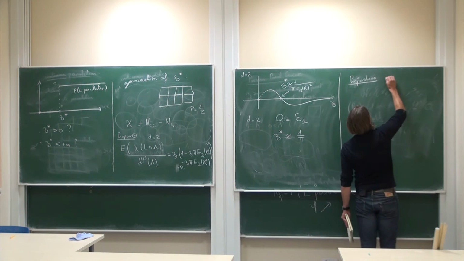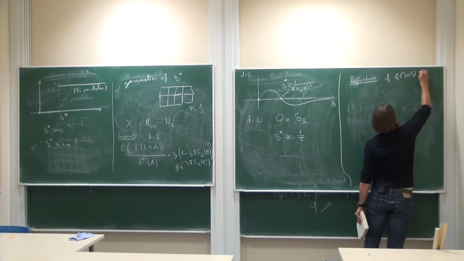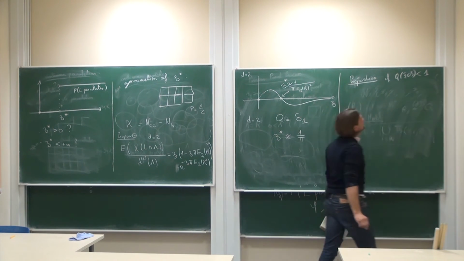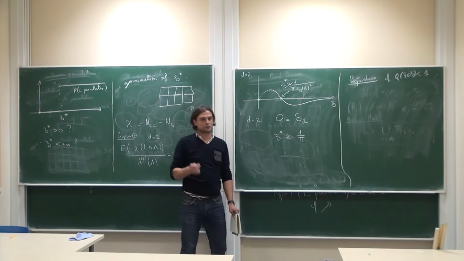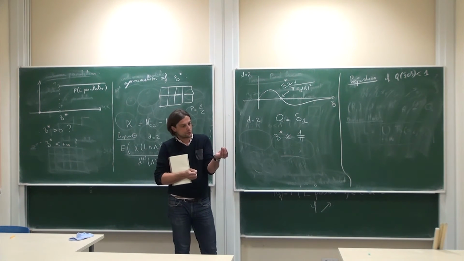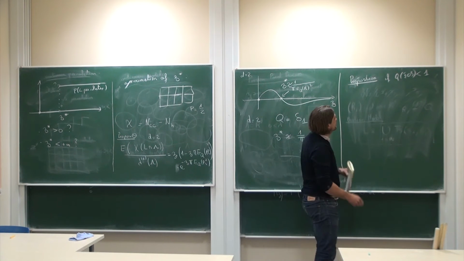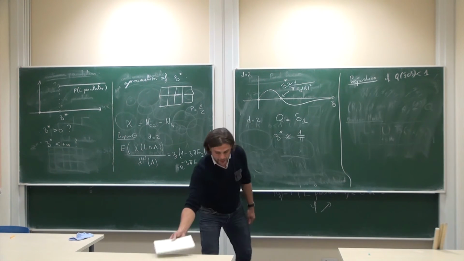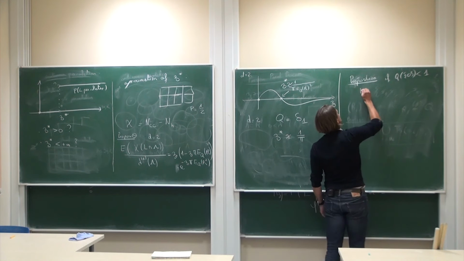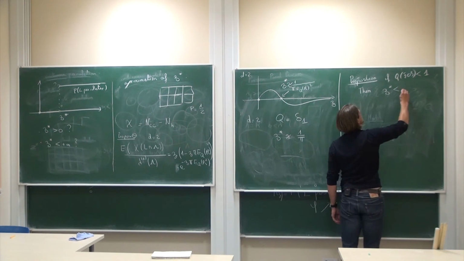In the general setting, if q of 0 is smaller than 1 — the opposite is that all the mass is concentrated on 0. Of course, if all the mass is on 0, the balls are reduced to points and percolation cannot occur. So this assumption is quite natural. In this setting, we have z star is finite.